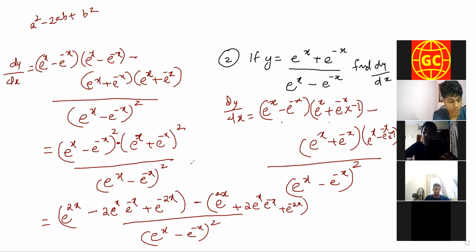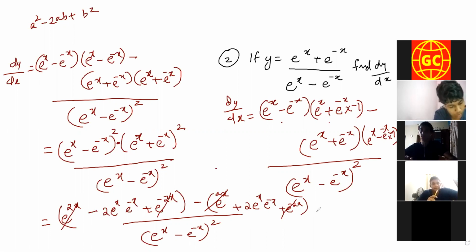Now, if possible, cancel the terms that you could cancel. Achyut, can you say which terms will go? E raised to 2x minus e raised to 2x, that will go, isn't it? Then this e raised to minus 2x minus e raised to minus 2x, that will go, isn't it?